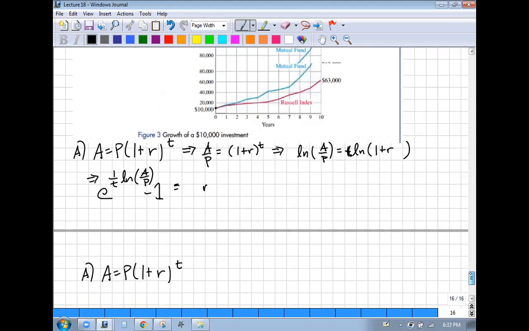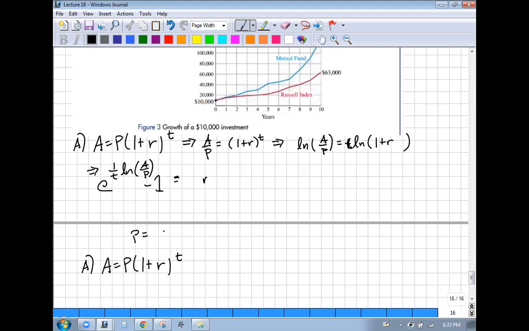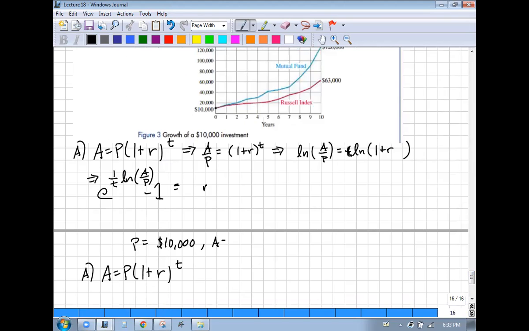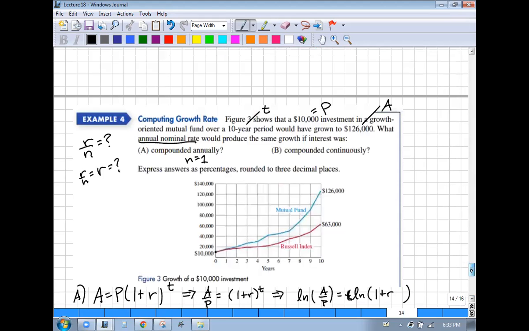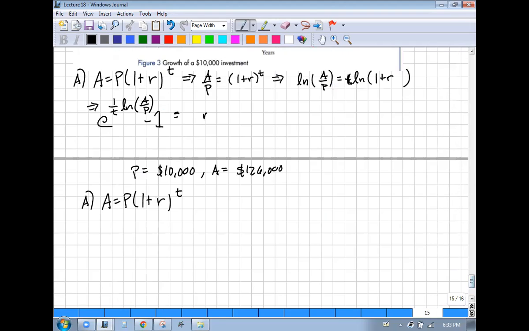I forgot. We have P is 10,000. The amount is 126,000. We're trying to find R. Oh, and T is 10 years. Let's plug our numbers in here.